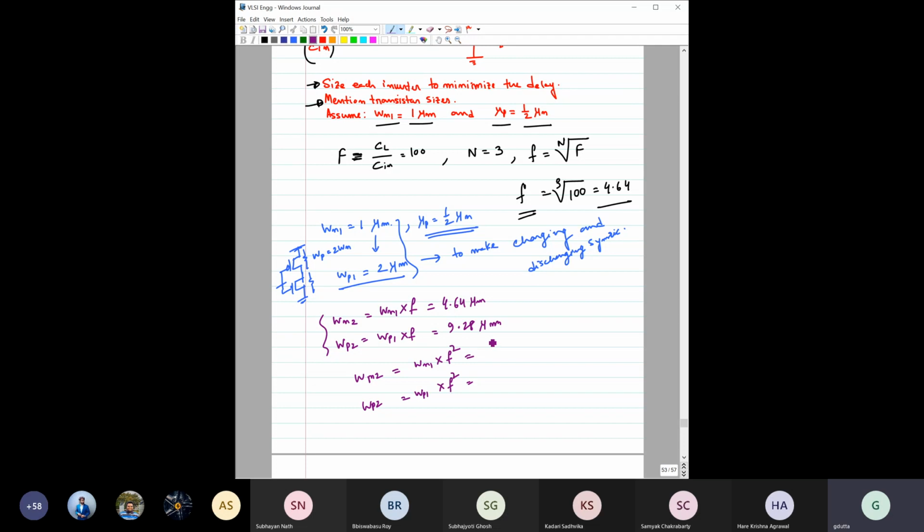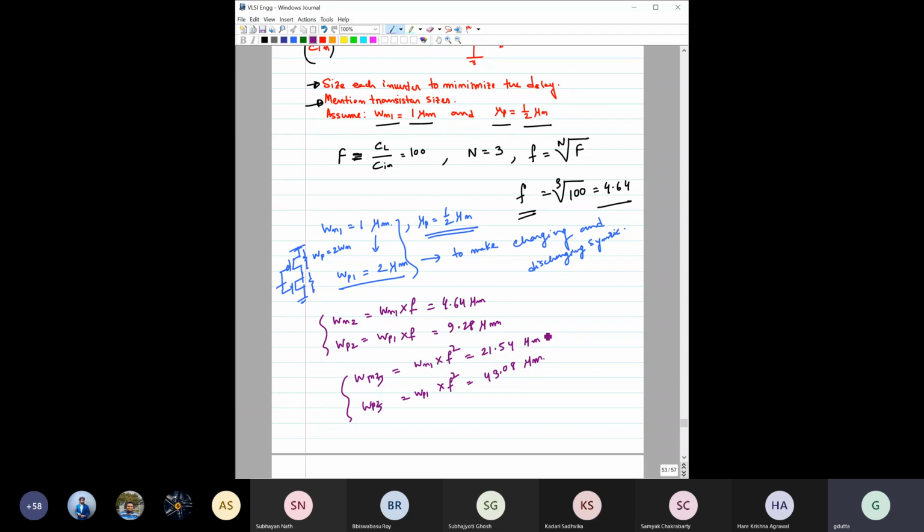So that will give how much? We want WN3 and WP3, right? These you have already written too. So this is for the third stage, this micrometer, and for the next one, it should be 41.08 micrometer.